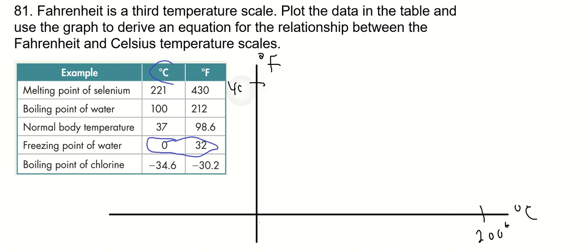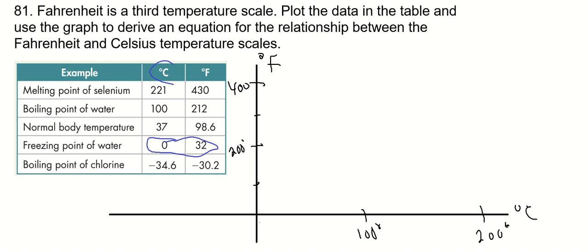This will be 400. Put some minor ticks there for the 100s and 300, and let's label that as 100. And that is good enough.